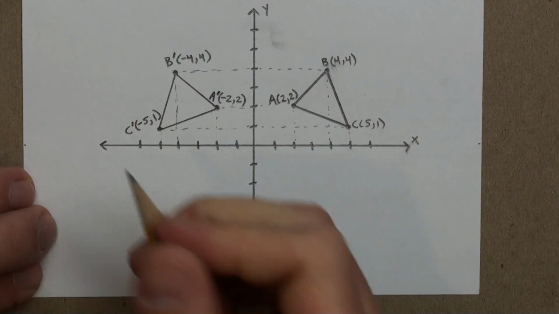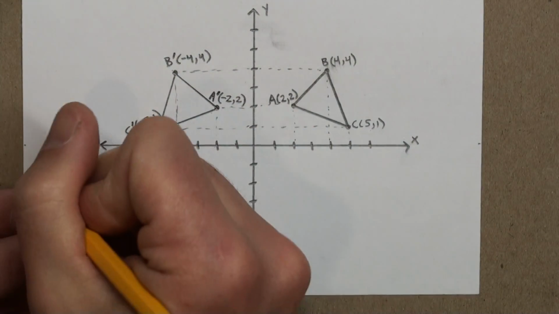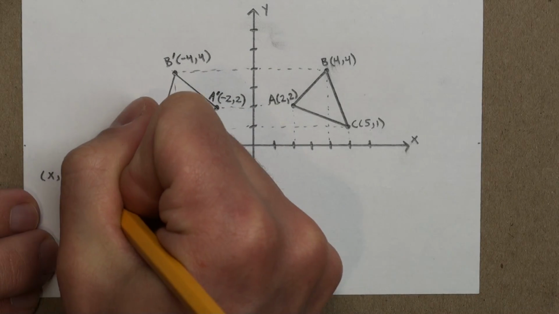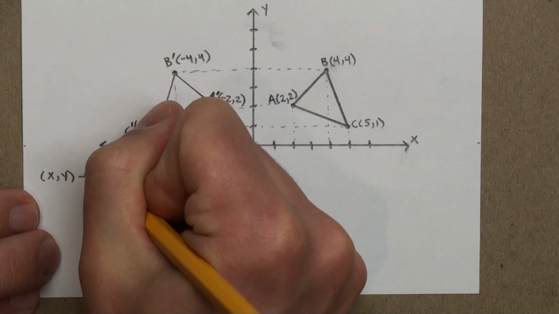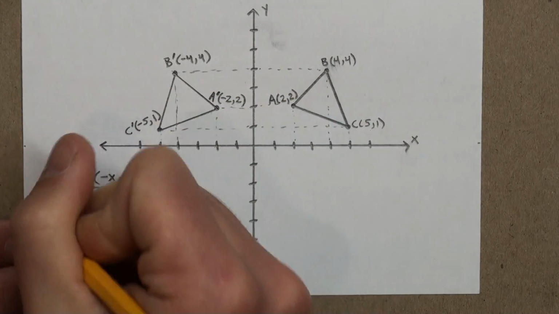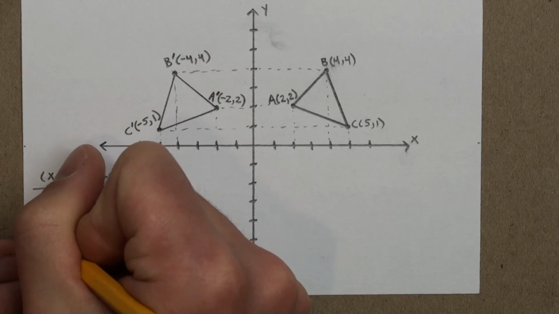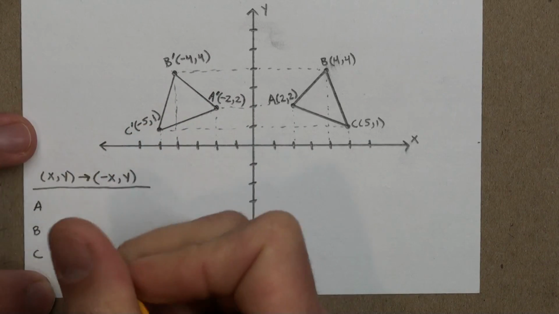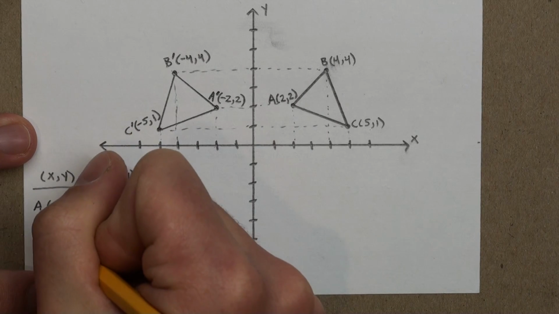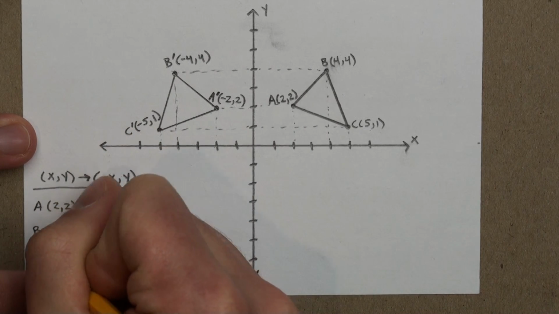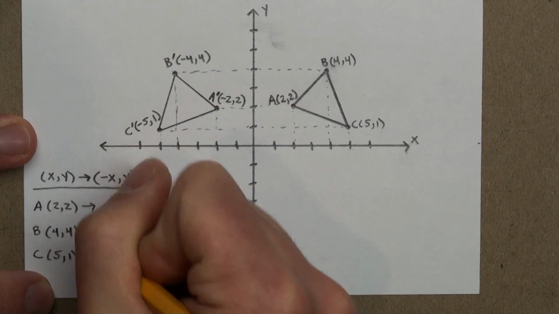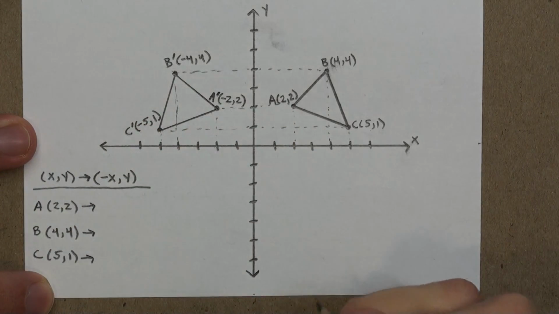So the rule was that x comma y became negative x comma y. So we started with points A, B, and C with coordinates 2, 2, 4, 4, 5, 1, and we changed them all using this rule.